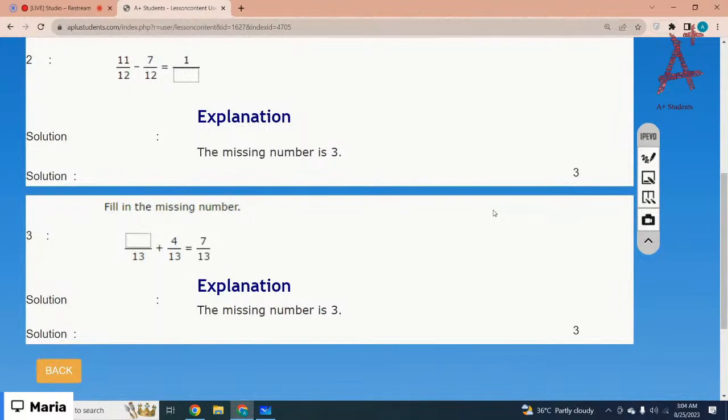One of the fractions is already given, that is 7 over 14. Okay, let's just start with the practice questions.